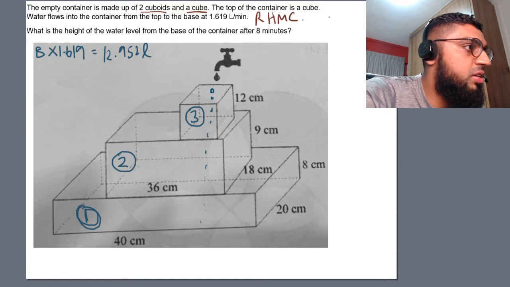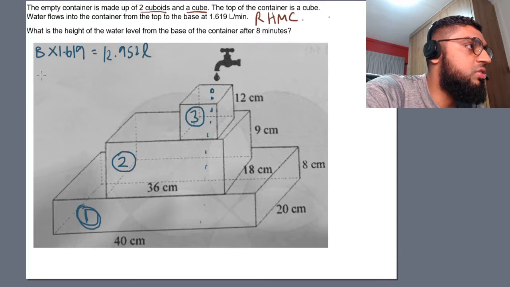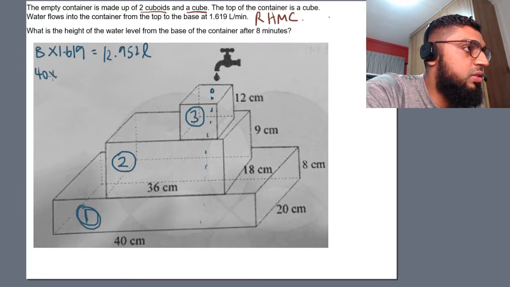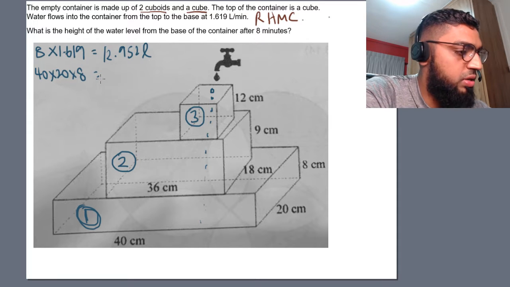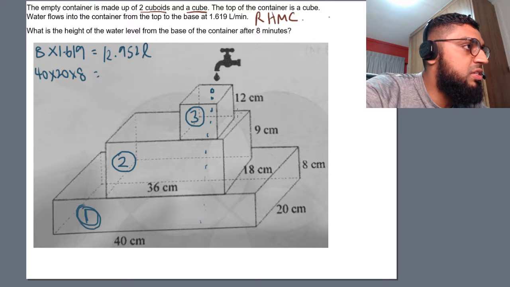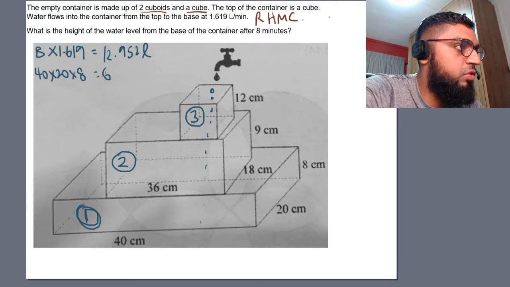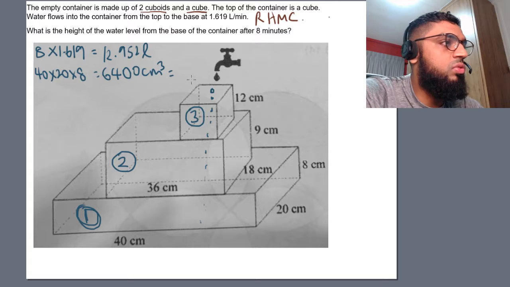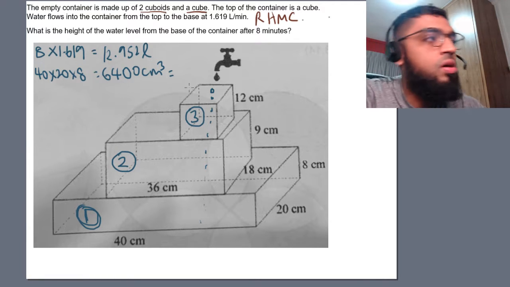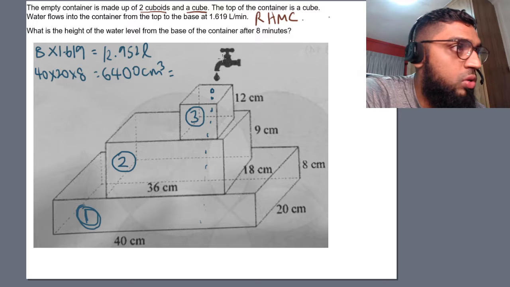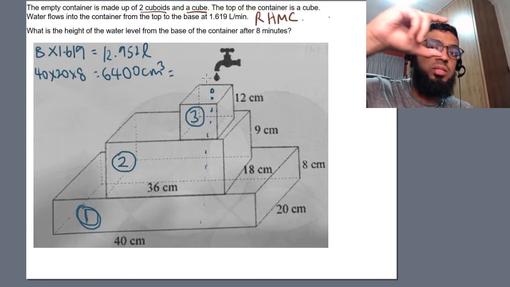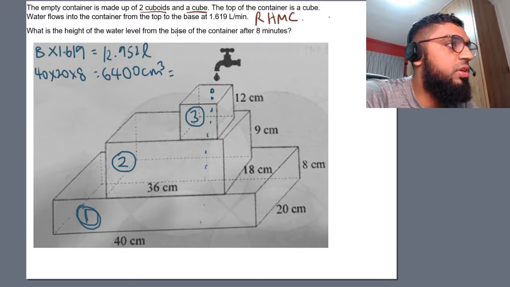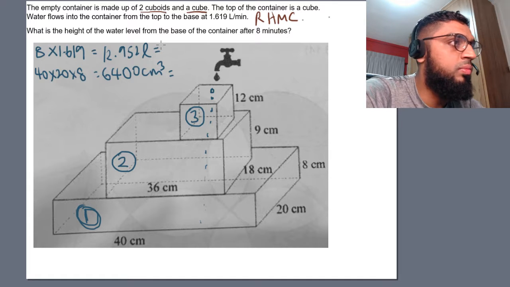So I need to first find the volume of my first cuboid, and that is just 40 times 20 times 8. That will give me an answer of 6,400. Now this is where you have to be very mindful, very careful about your unit. This is in cm cube. How do I convert this to the same units? You can either use liters or you can use cm cube. Since this question is about height in cm, let's convert the liters that we had into cm cube.